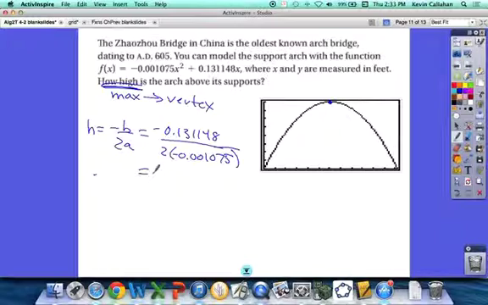So put that in the calculator and let's see what the x-coordinate is. The h is that value right there. It's the x-coordinate of the maximum or the vertex.